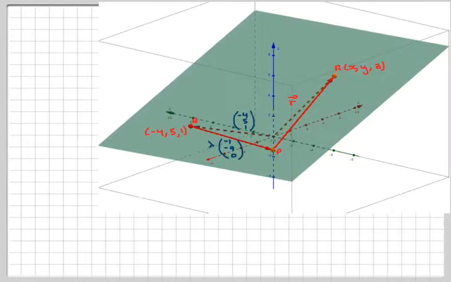And then going from P to R, it will be mu times 10, 2, 4. Again, you get that one by going back against the origin, that one plus that one. And that will give you a general point that moves around the plane. So it gives you any general point in the plane, which is what the equation is about.